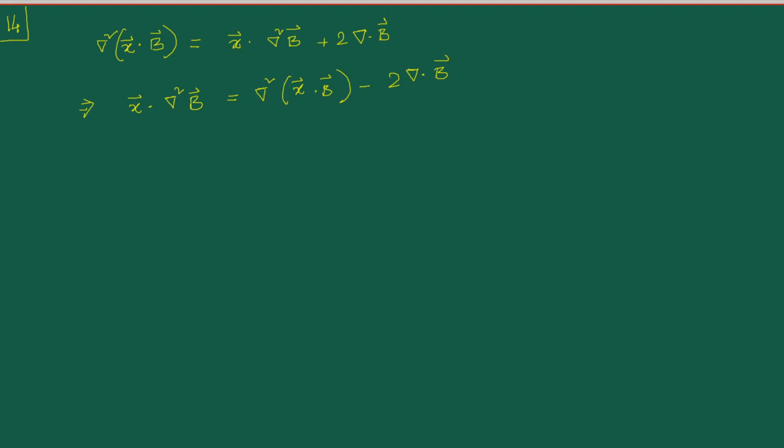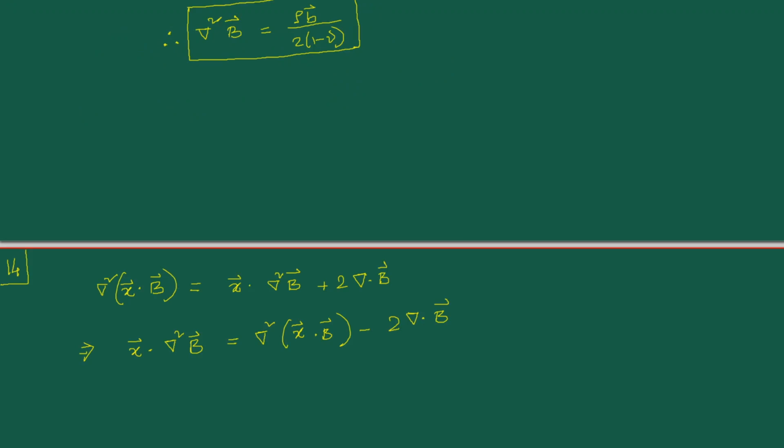First of all, if you go back to the previous page, you see that this del square b vector which is present here, we've already done this. We have already obtained this expression, so let's use this. Since del square b vector is this, x dot del square b vector is equal to x dot rho b vector, like this.